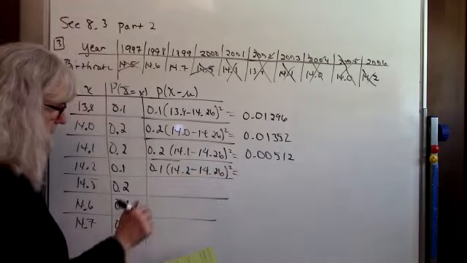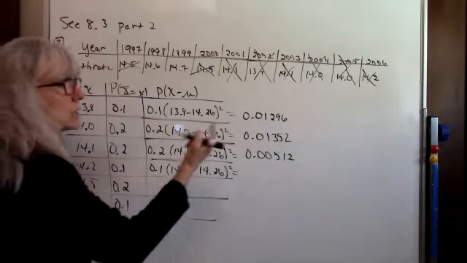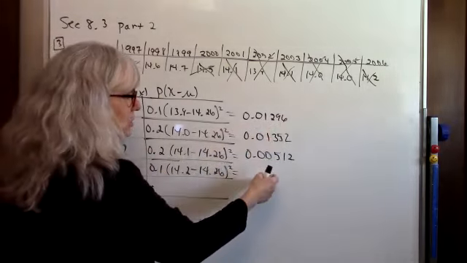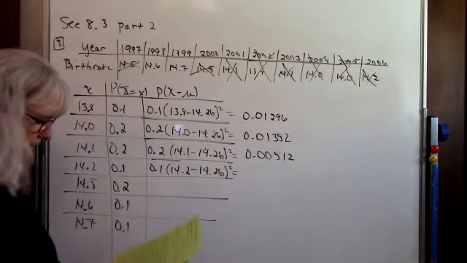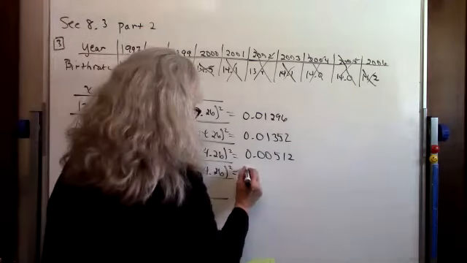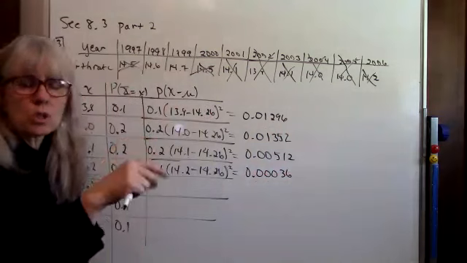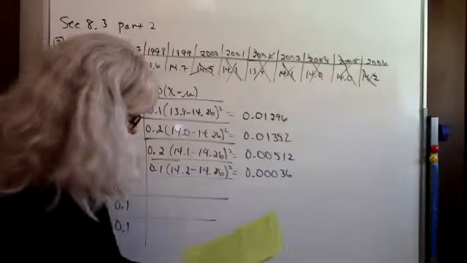That one came out to be 0.00036. Notice that these are decreasing in size because our value is getting closer to the mean. It's large, gets smaller, smaller, smaller, and then we're going to see the reverse of that. It'll start getting larger the further away from the mean we get. The reason to note that is as you're punching them into your calculator and you make a mistake, that's going to help you identify those mistakes.